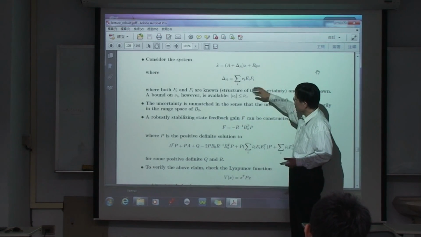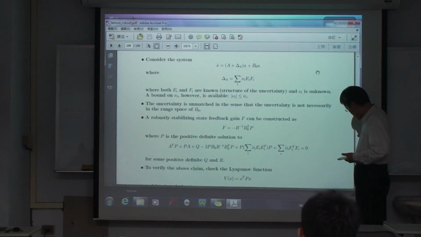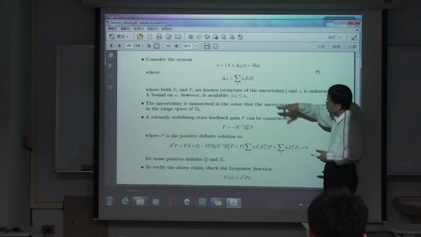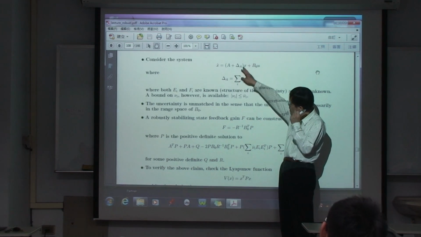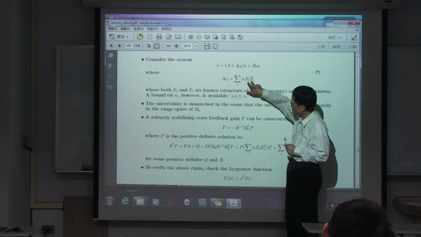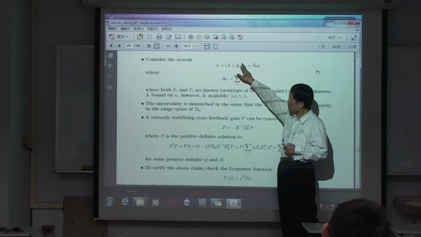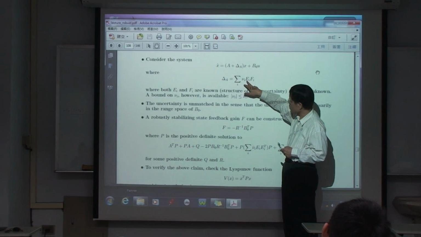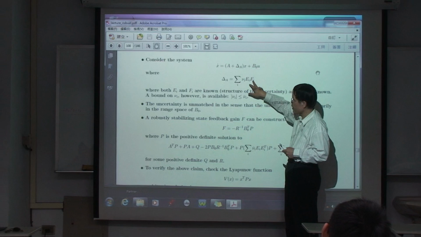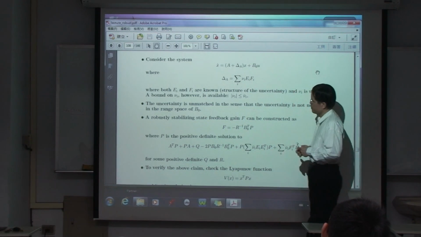And this is one particular structure of uncertainty we have been assuming. That can be understandable. That means delta A can contain several uncertainties, and each can be an element. So for example, this A can be a matrix n by n. So you may have several entries of uncertainty. And for each entry, the position is specified by EI and FI, and the extent of uncertainty is governed by mu I.